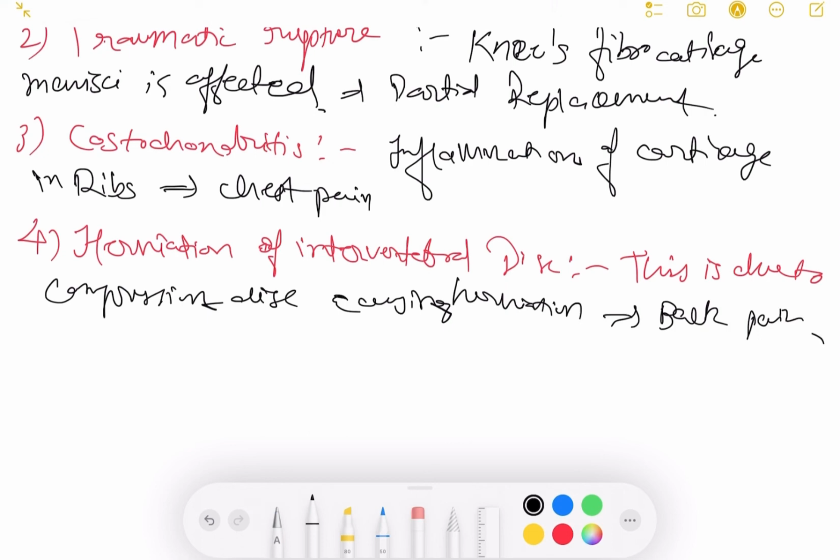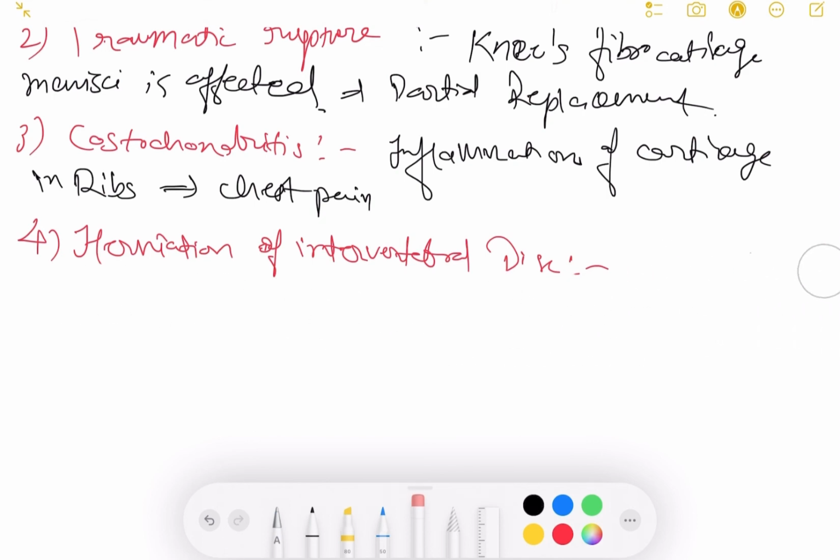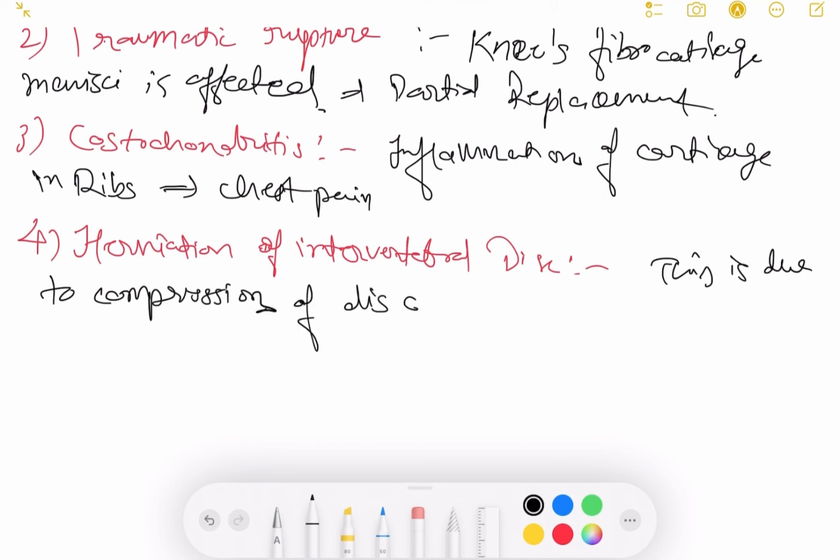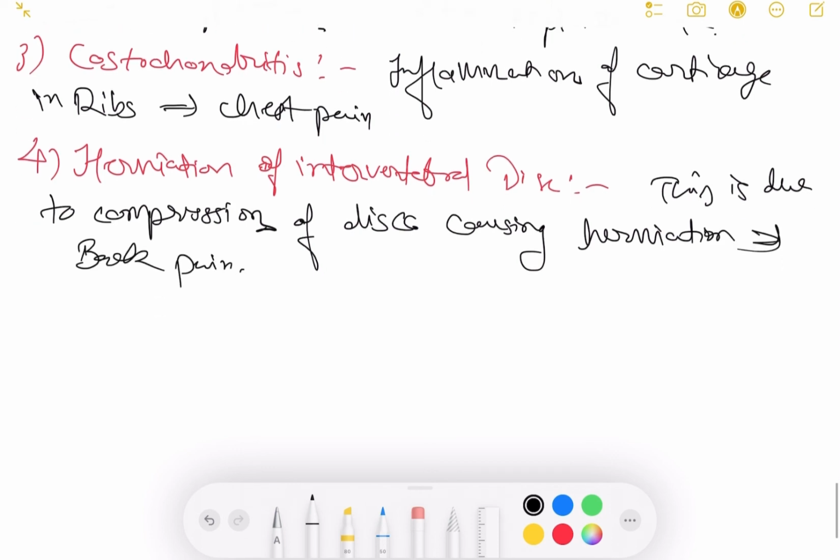What is herniation of intervertebral disc? Compression of the disc causing herniation and back pain.